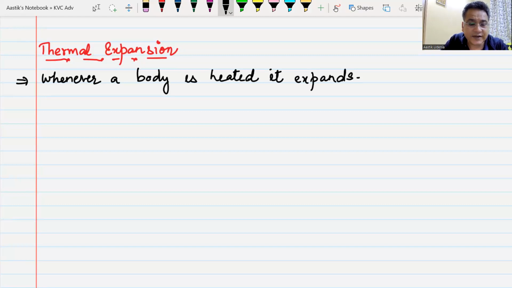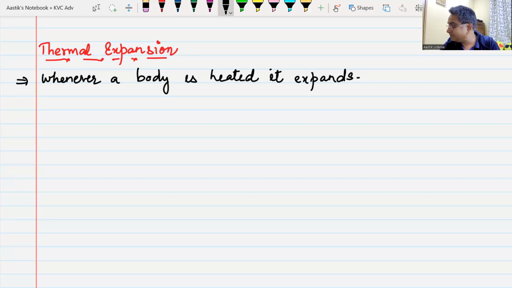Now, why does this thermal expansion happen? See, in this body, we have a large number of atoms and molecules which are in constant motion. Yes or no? Yes, sir. Now, when the temperature of the body rises, their amplitude of vibration also rises.